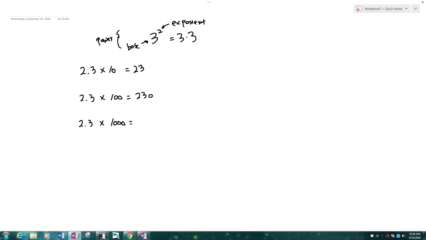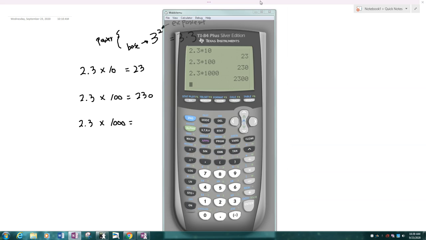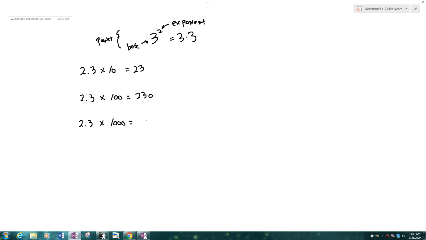You could already tell it's going to be 2300, but let's confirm, 2.3 times 1000. And you see this is going to be 2300. So I'm going to write 2300. And if I have just one more, 2.3 times 10,000, then we know this is going to be 2, 3, and 1, 2, 3 zeros.